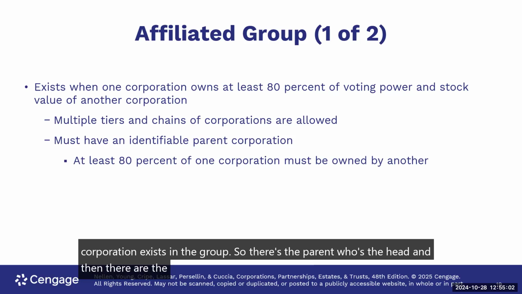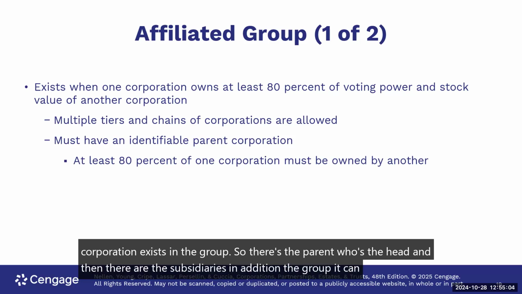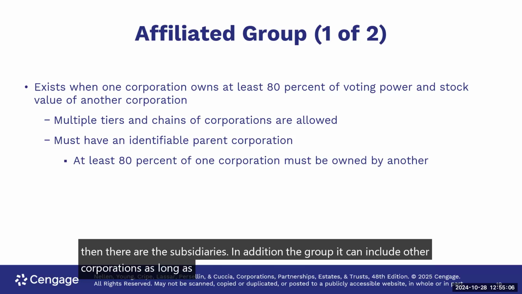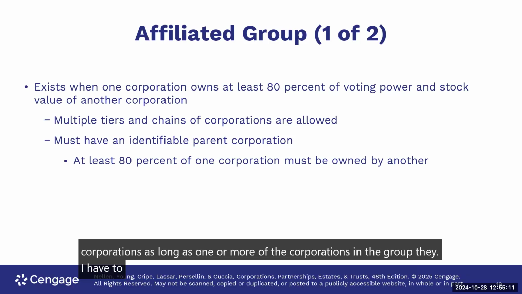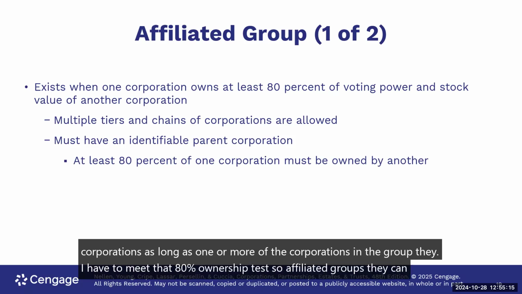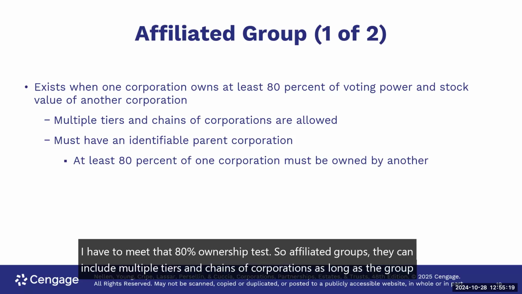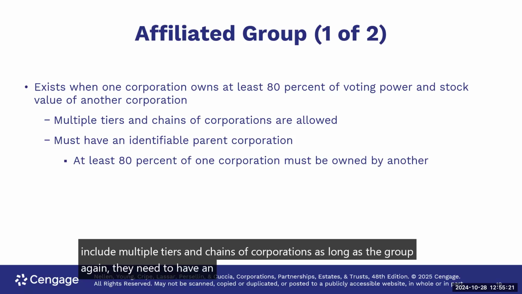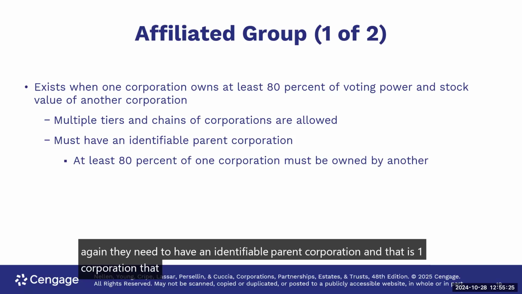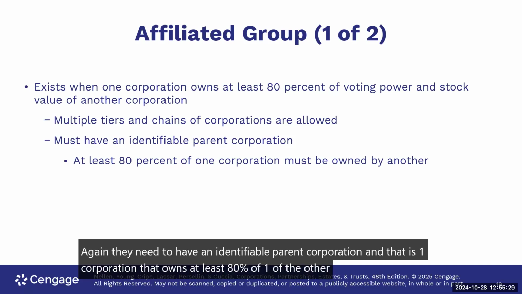In addition, the group can include other corporations as long as one or more of the corporations in the group meet that 80% ownership test. So affiliated groups can include multiple tiers and chains of corporations as long as the group, again, has an identifiable parent corporation, and that is one corporation that owns at least 80% of one of the other group members.